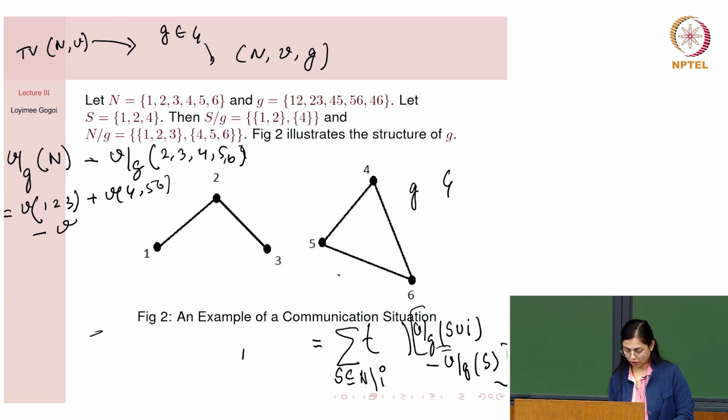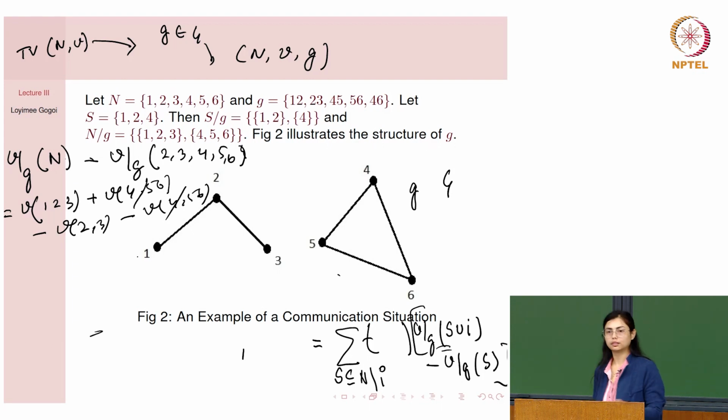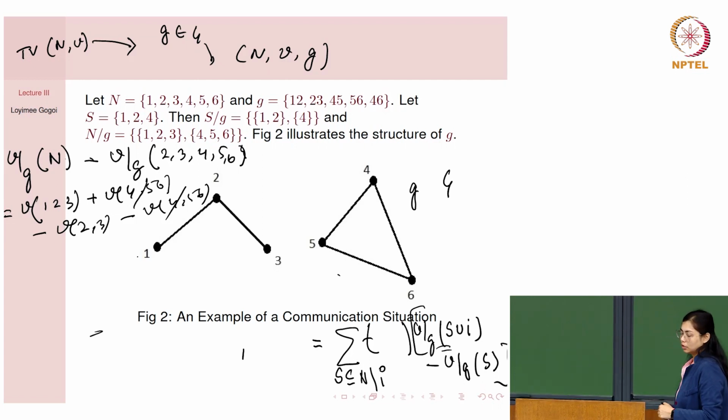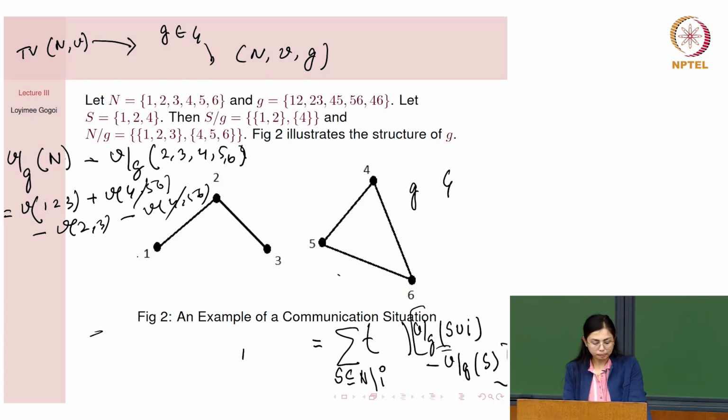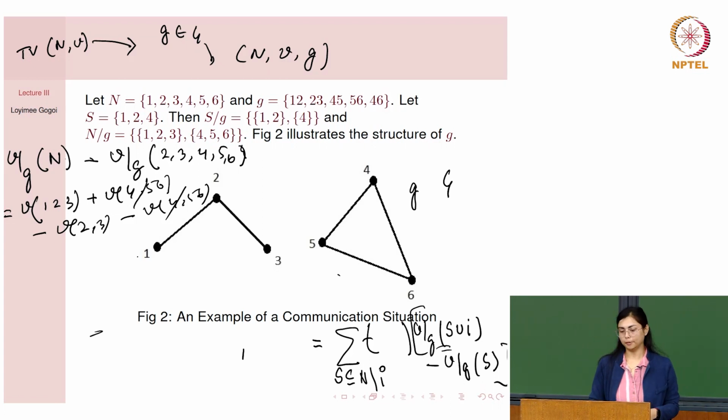Here it will be minus V of 2, 3 minus V of 4, 5, 6. So it will cancel out, right? So we are only going to consider the marginal contribution where the player I belongs to that component. That's how, after that, the concept of component additive value function comes. Okay. So I don't want to discuss that concept in a communication situation. I just want to show you.